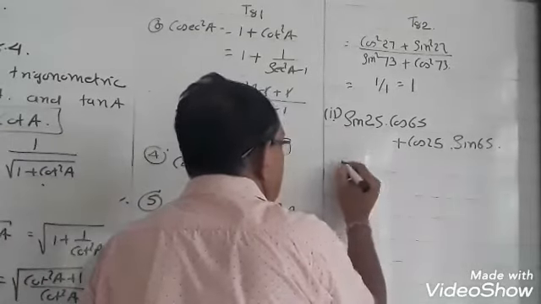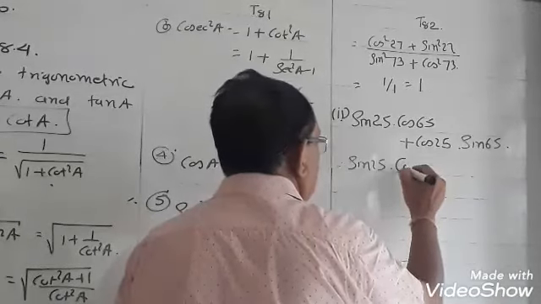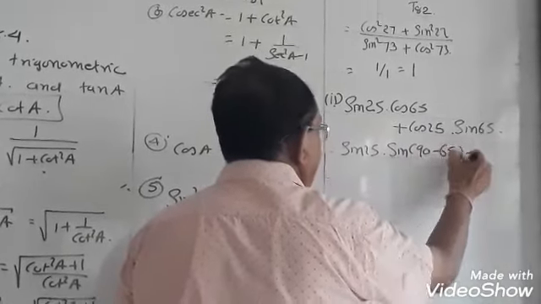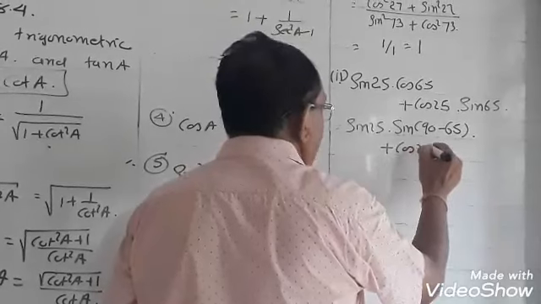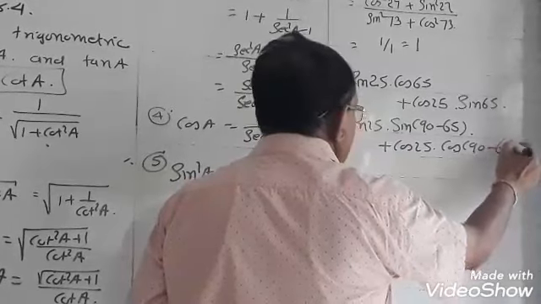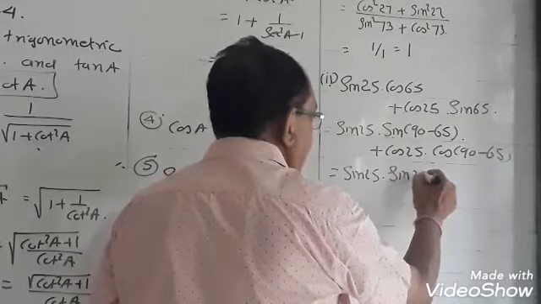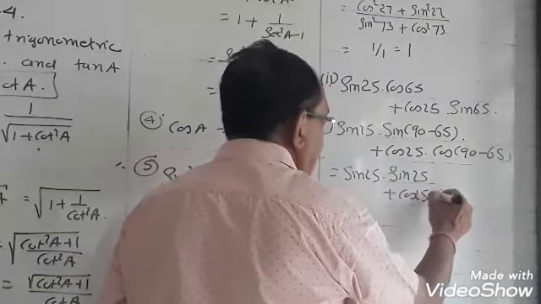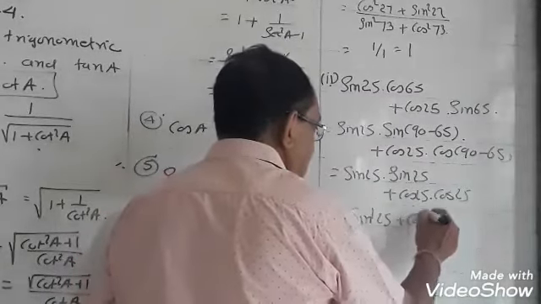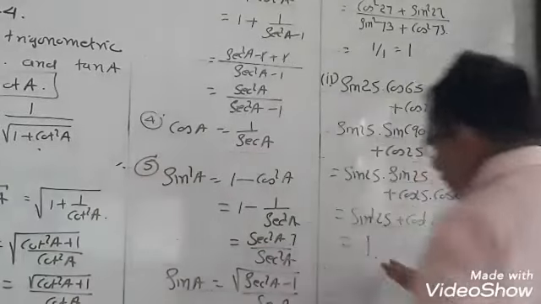Sin 25 into sin of 90 minus 65, plus cos 25 into cos of 90 minus 65. That gives sin square 25 plus cos square 25. Sin square theta plus cos square theta is equal to 1.